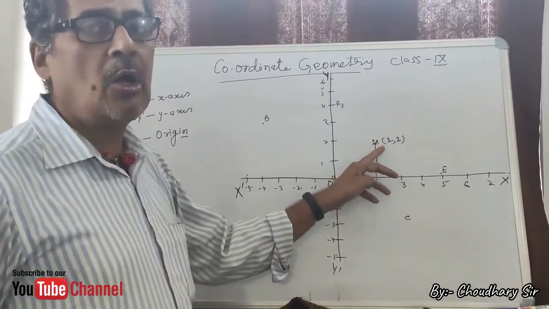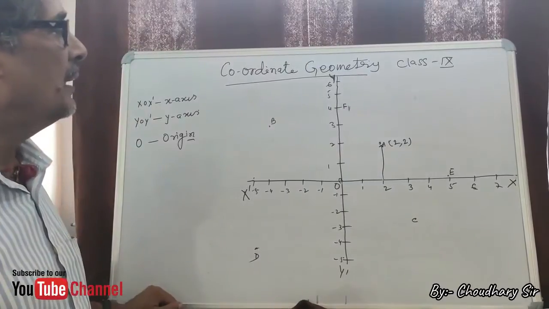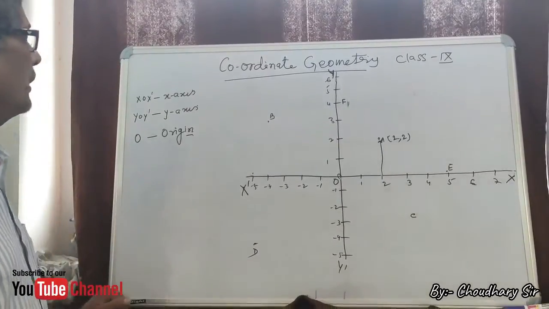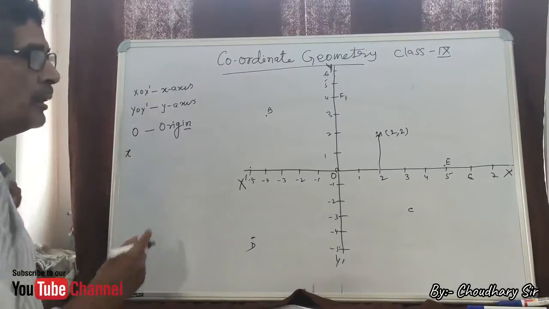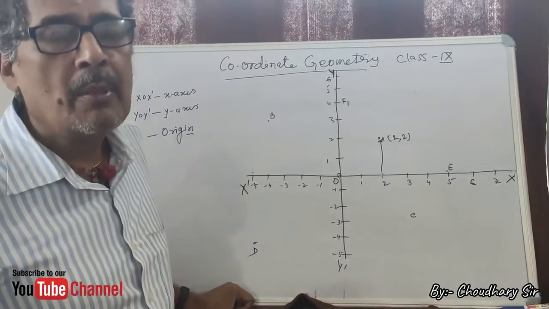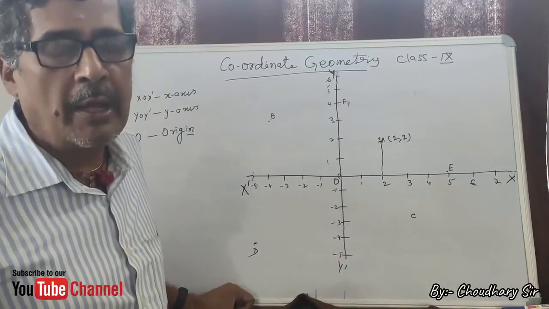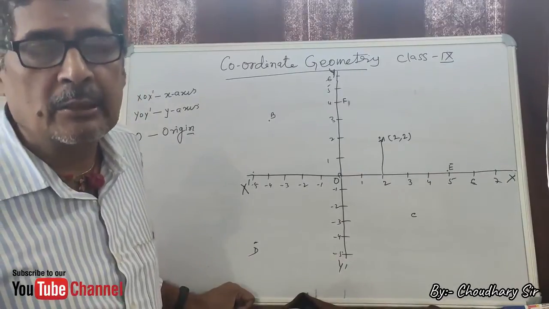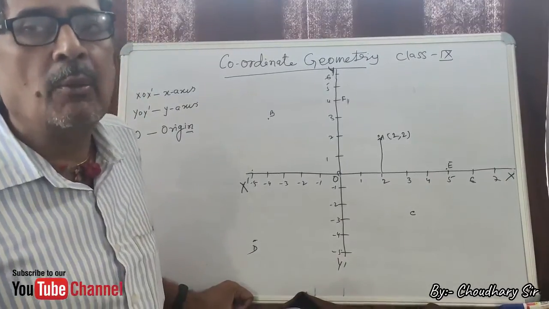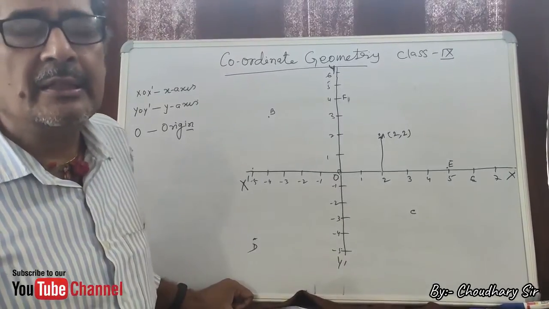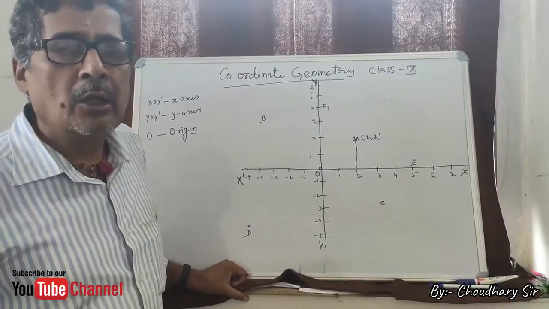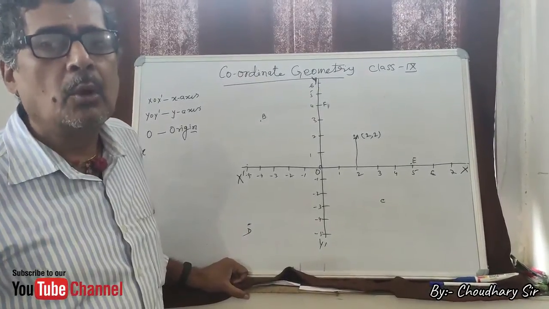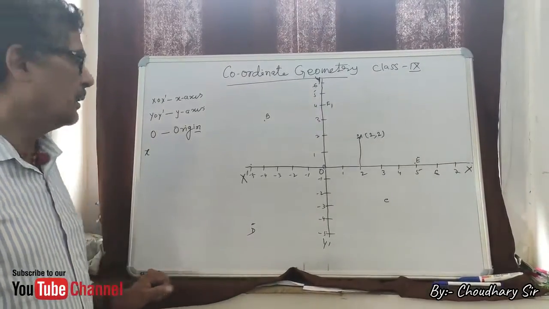What is the x-coordinate? The distance of any point along the x-axis from the origin. And the y-coordinate is the distance of any point along the y-axis from the origin.